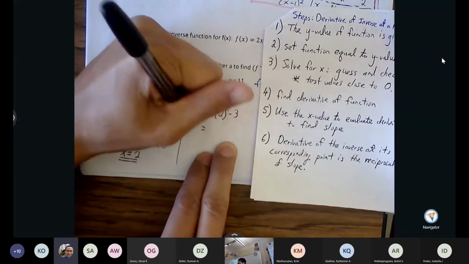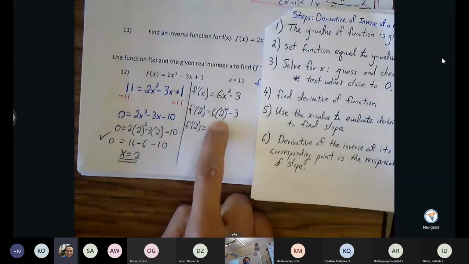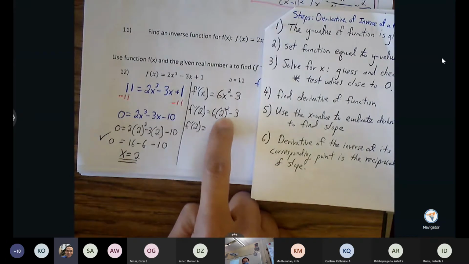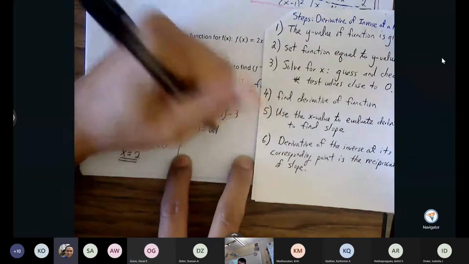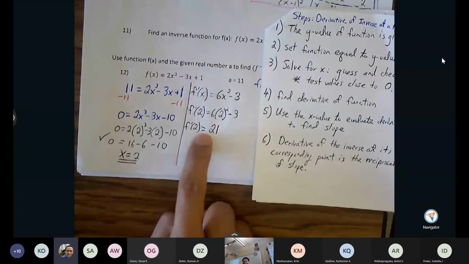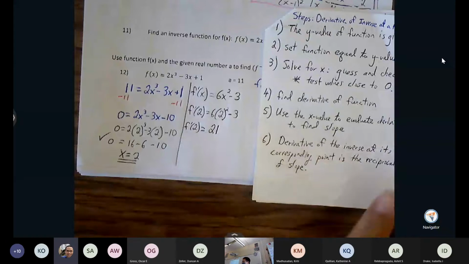What's our slope going to be? Two squared is 4. 4 times 6, 24 minus 3, 21. So this is not the answer, but it's related to our answer.